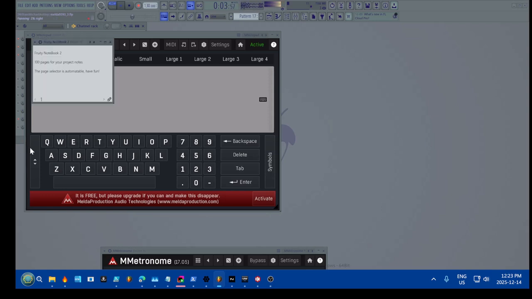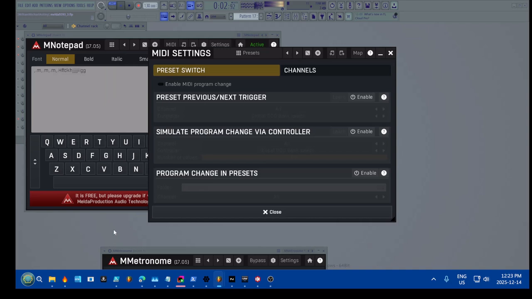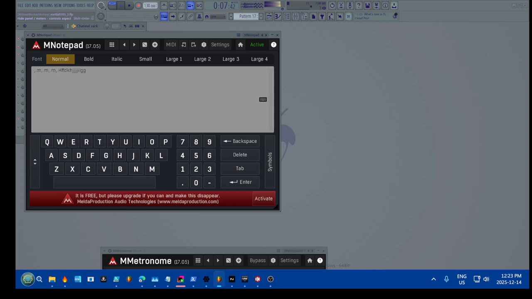Now, FL Studio Notebook is so much more basic, and the other cool thing is that it allows you to record the MIDI and stuff, which Notebook doesn't do.